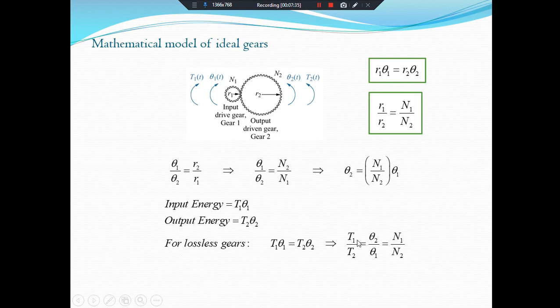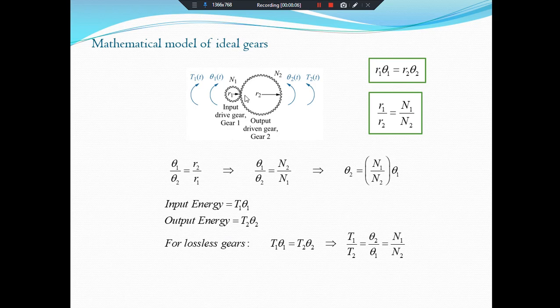Higher torque means less angular displacement, and the torque is directly proportional to the number of teeth and inversely proportional to the angular displacement.